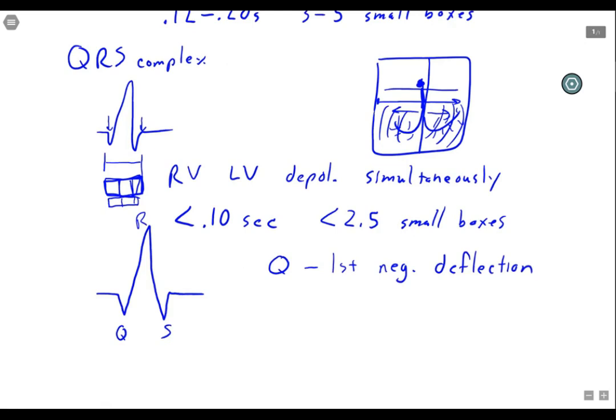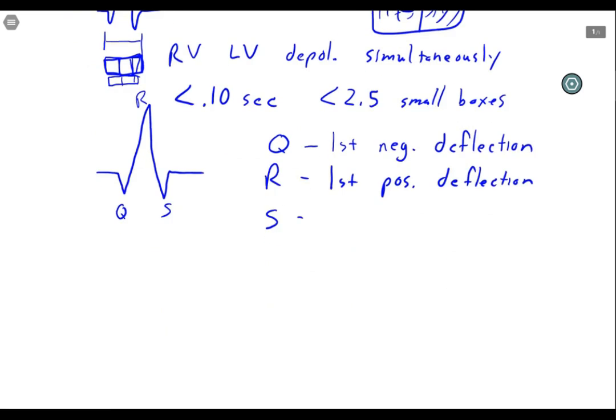And then the R wave is named because it's the first positive deflection in the complex. And then we know which one's the S wave. And pay attention here, because it's the first negative deflection that follows the first positive deflection, or the R wave.